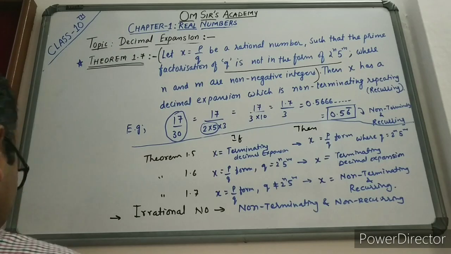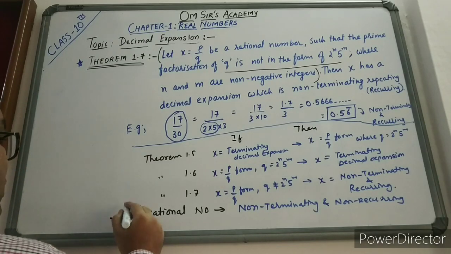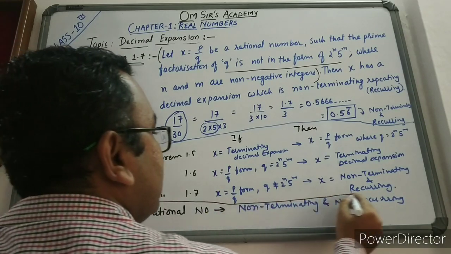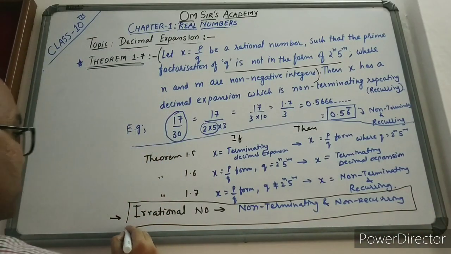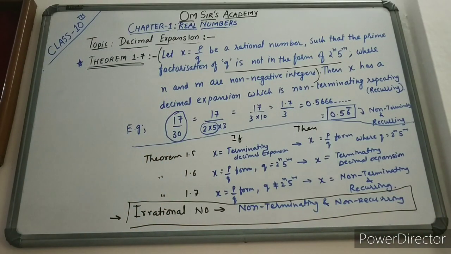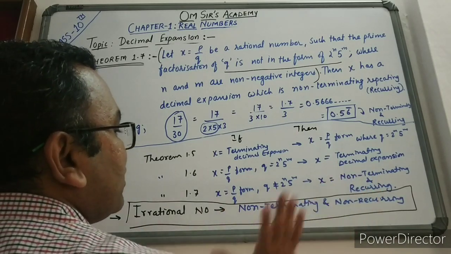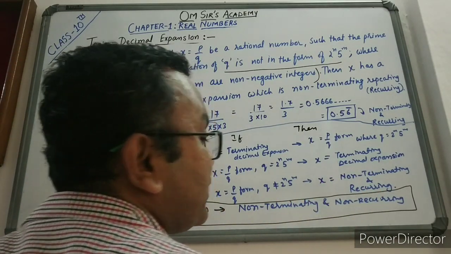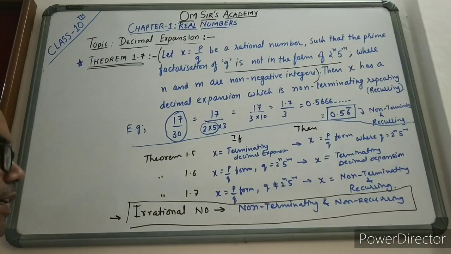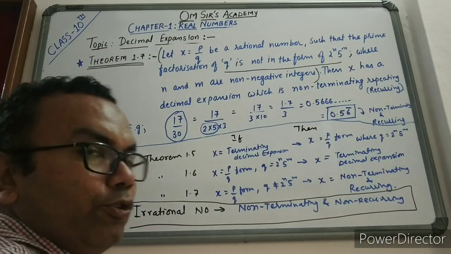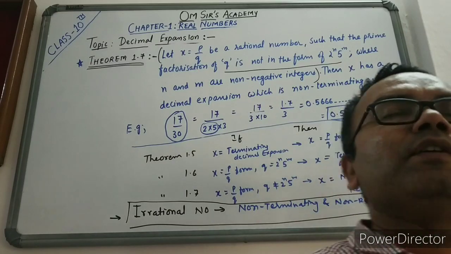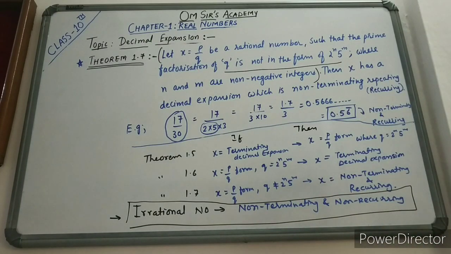Okay, this is just in the case of irrational numbers. These three theorems were based on rational numbers, and this point is based on irrational numbers. That an irrational number will always have non-terminating and non-recurring decimal expansions. Examples we have already taken: root 2, root 3, the exact value of pi. Okay, so this is clear, friends.